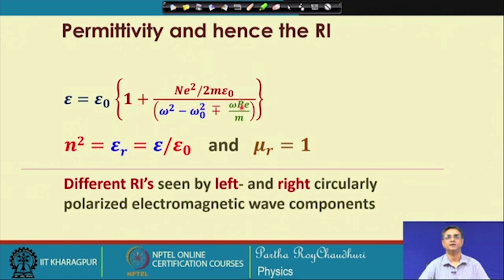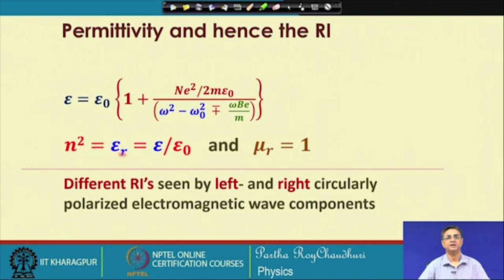So, you can see that this additional term has appeared because of the presence of the magnetic field, which has affected the electrons in the circular motions in terms of the Lorentz force experienced by them, which now acts differently on the two electrons.